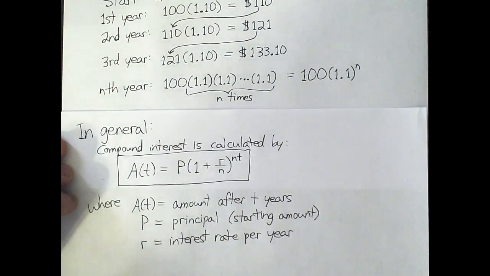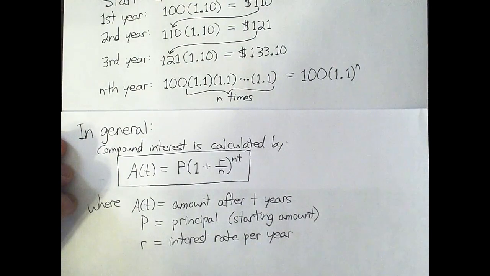I want to say something about interest rates. It needs to be adjusted because interest rates are typically given as a percentage, you know, 10% interest rate, 5% interest rate.